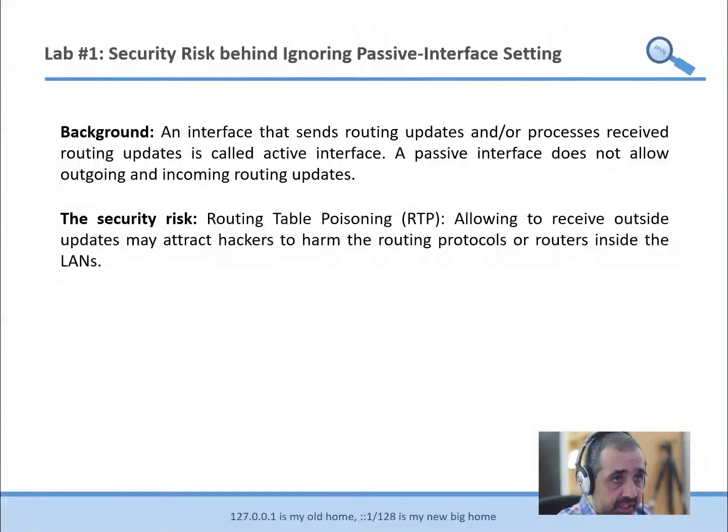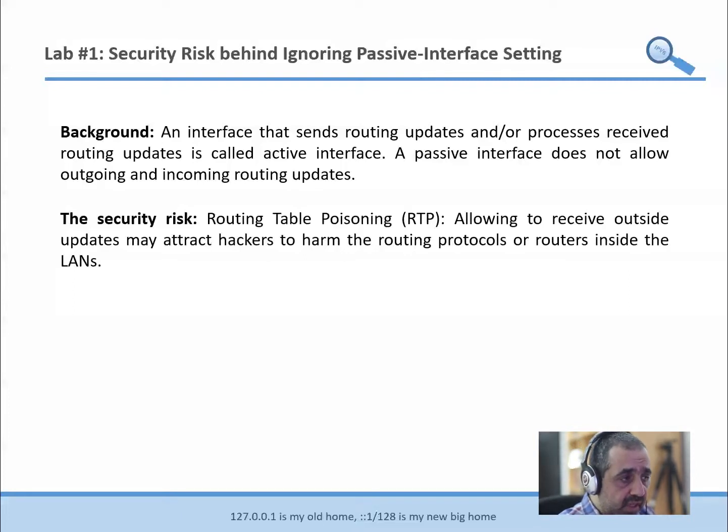The security risk behind ignoring passive interface setting is represented by routing table poisoning, RTP. Allowing a router to receive outside updates may attract hackers to harm the routing protocols or routers inside the LANs.